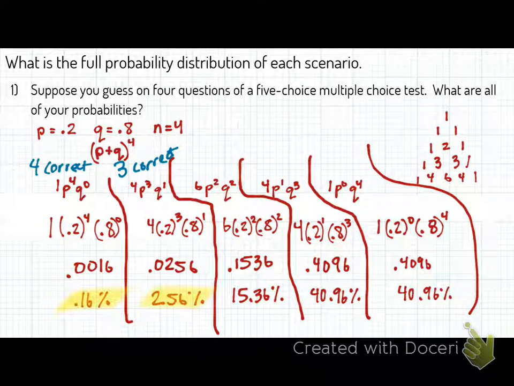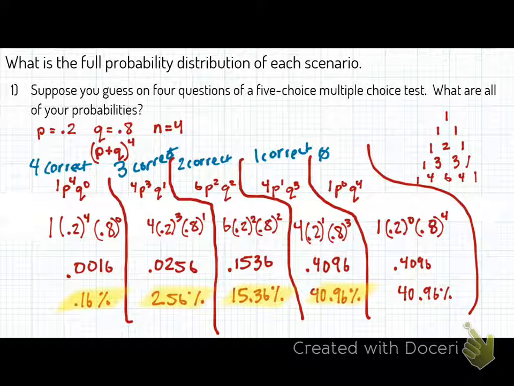The probability of you getting 2 correct will be 15.36%. The probability of you getting only 1 correct will be 40.96%. And then the probability of you getting 0 correct is 40.96% also.